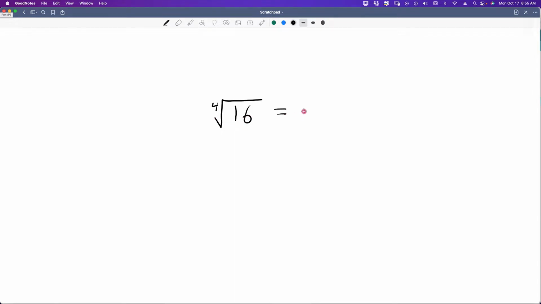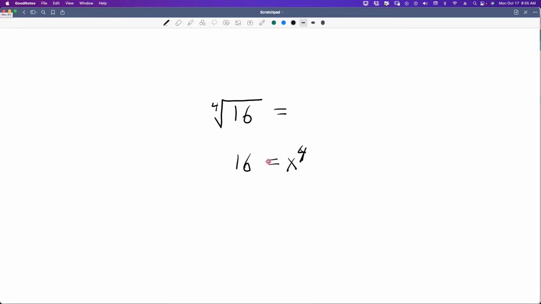So it's asking for x to the fourth. What is that to the fourth up here that gives me 16? Or I should say what it's asking is 16 is equal to x to the fourth power. That's what it wants.